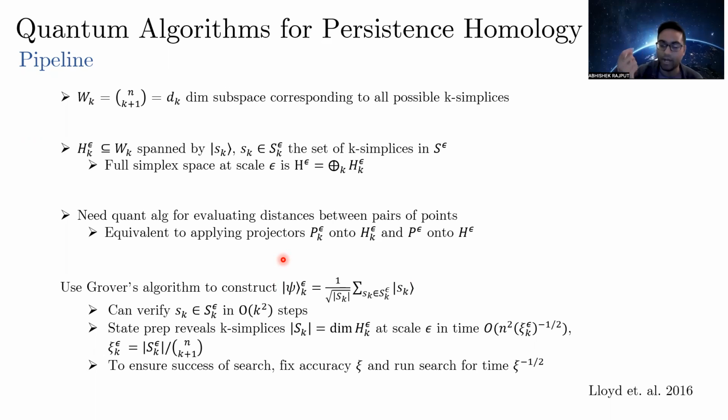You assume that you have a projector that can evaluate the distances between those points, because you only need information about the pairwise distances between points to determine if you have a k-simplex. Again, we're considering mainly constructing Rips complexes here, not Čech complexes. So you only need that information, and that's why you have an additional cost of n squared if you want to evaluate that projector. And then, of course, you use phase estimation at the end, and that's the other quantum part.